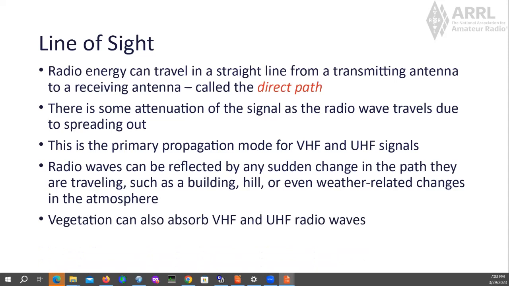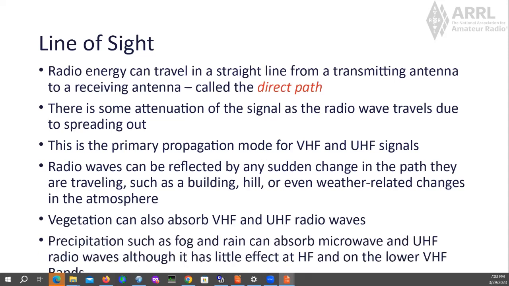Vegetation can also absorb VHF and UHF radio waves. Precipitation, such as fog and rain, can absorb microwaves and UHF radio waves, although it has little effect on HF and lower VHF bands.